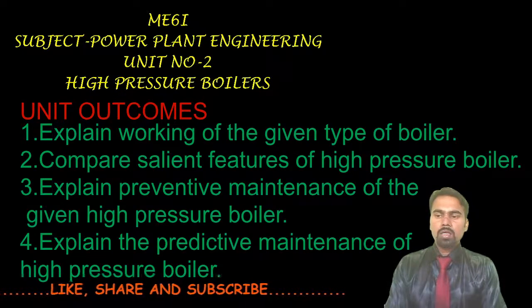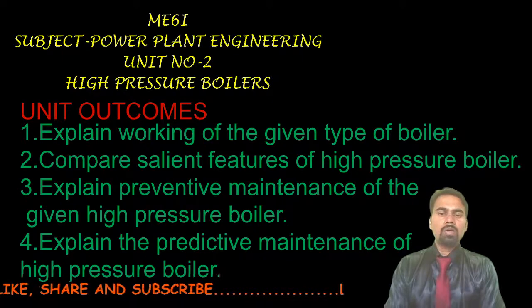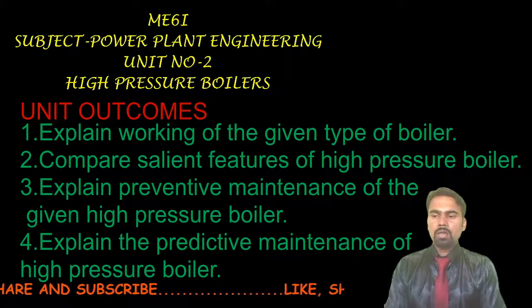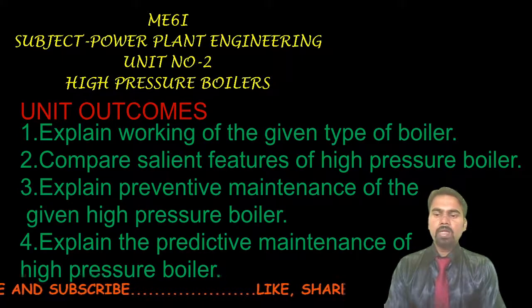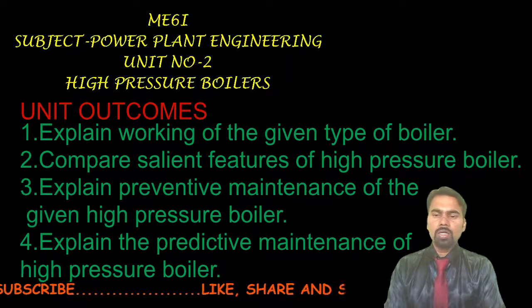Then you will be able to explain preventive maintenance of the given high pressure boiler. The next outcome is to explain the predictive maintenance of high pressure boiler. So all these are the unit outcomes.